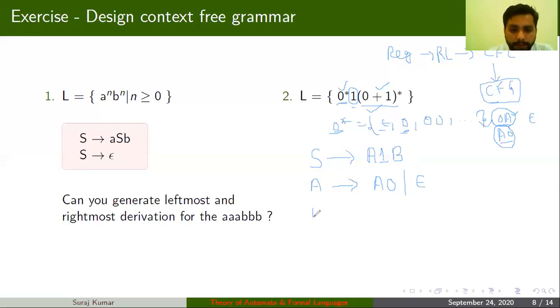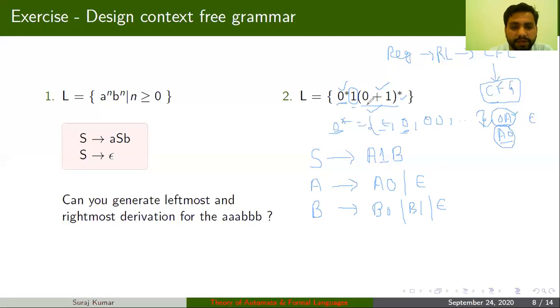Now for the B part, you can generate either 0s or 1s, many zeros or many ones. And since there is a star, it can always generate the epsilon symbol.